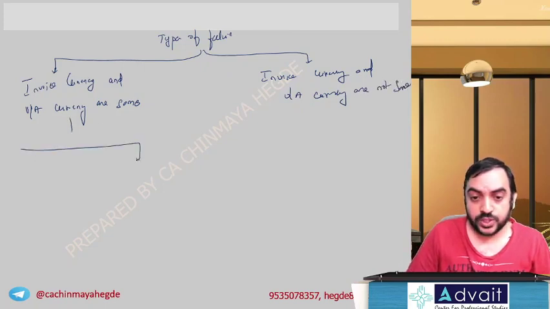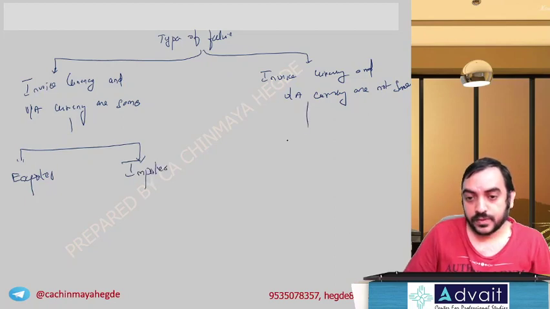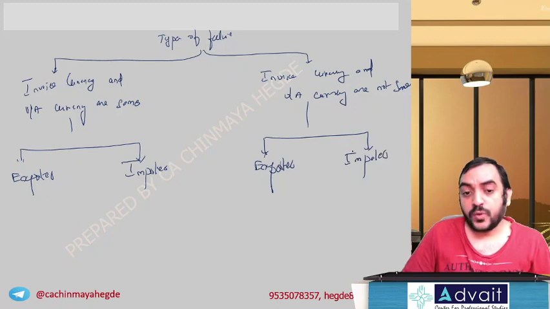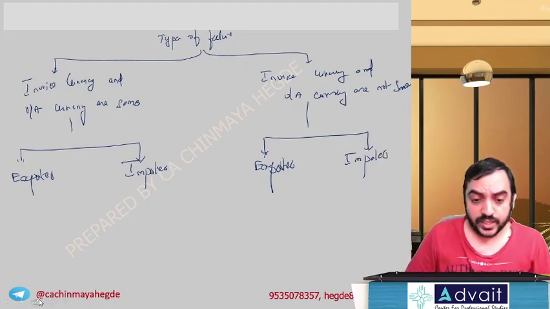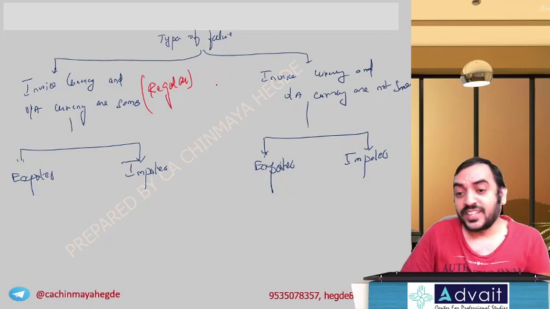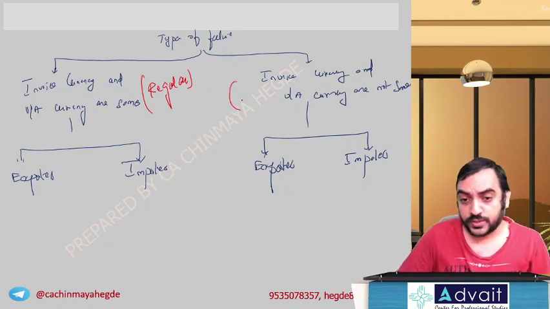And two positions can happen, for exporter and for importer. When the currencies are the same, you do the regular contract. When they are not the same, you do the opposite.